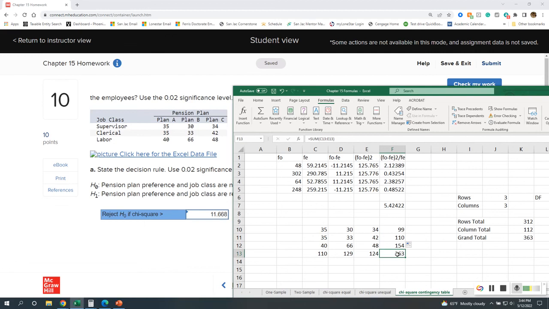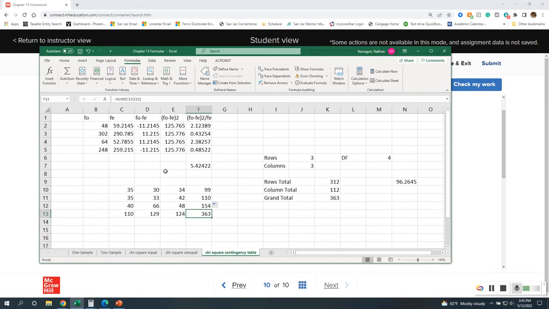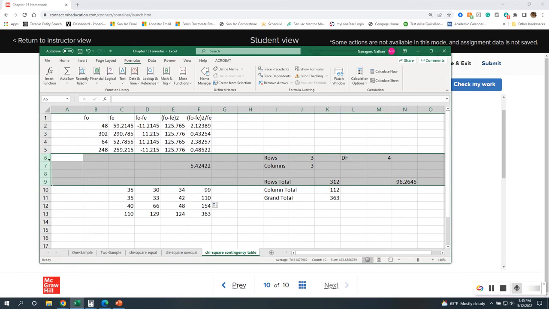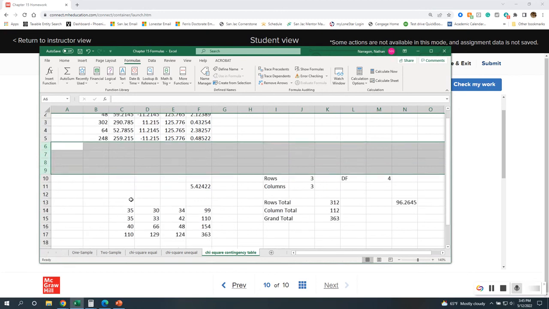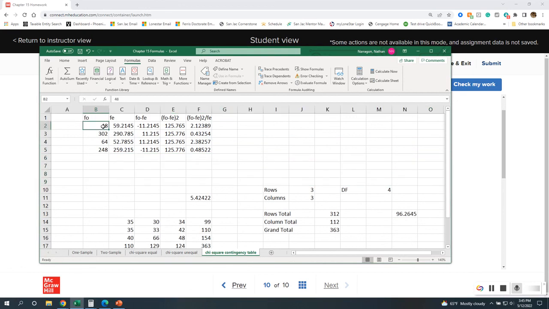Okay, so now that I know my rows and my columns and my grand total, it's time to figure this out. So we're going to take it step by step. We're going to end up adding quite a few, so we're going to go ahead and insert. Alright, so starting off with 35. Their row total was 99. Column total was 110. So we expected it to be 30.